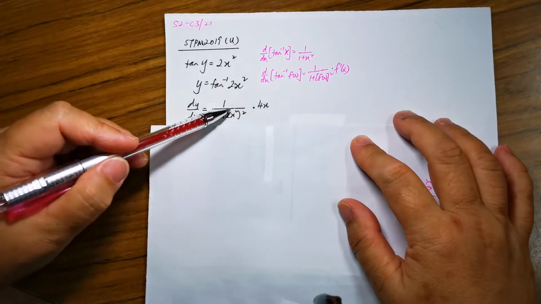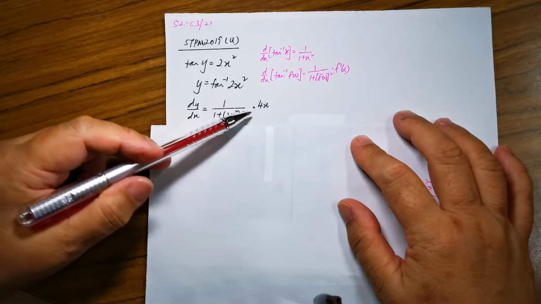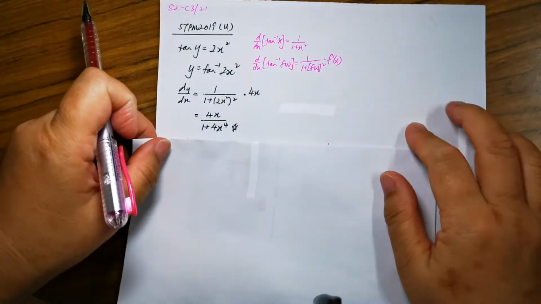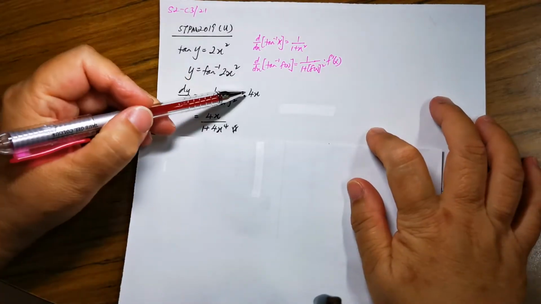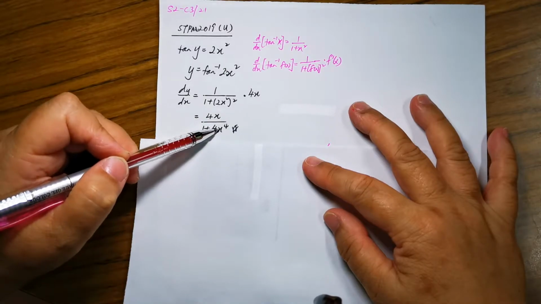Then multiply by f prime x, differentiate 2x squared, so it's 4x. Therefore, you show that dy/dx is 4x over 1 plus 4x to the power 4.